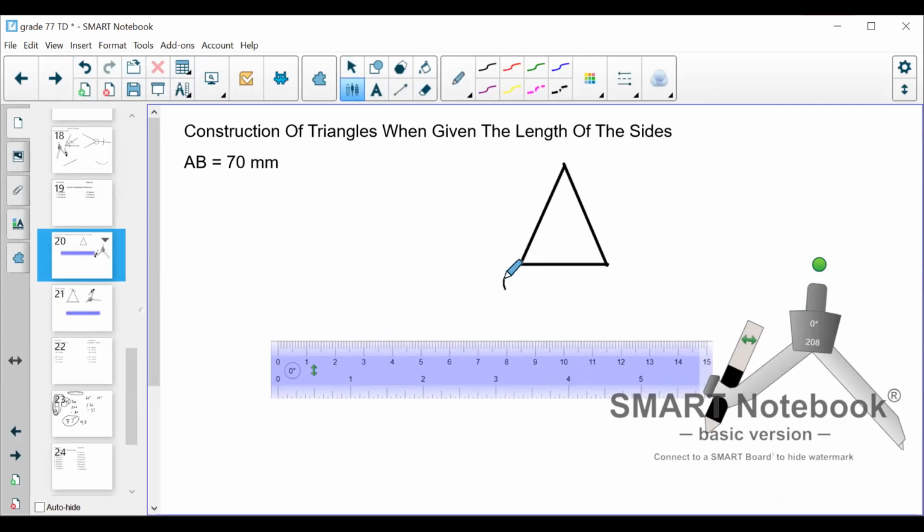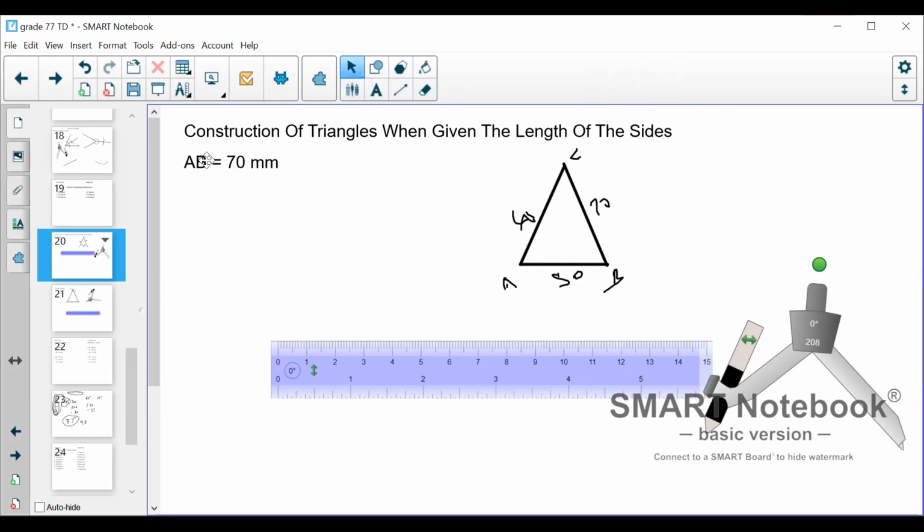Normally we label the triangle A, B, and C. Let's say, for example, 50 mm, 70 mm, and 40 mm. So normally you're given the length of all the sides.